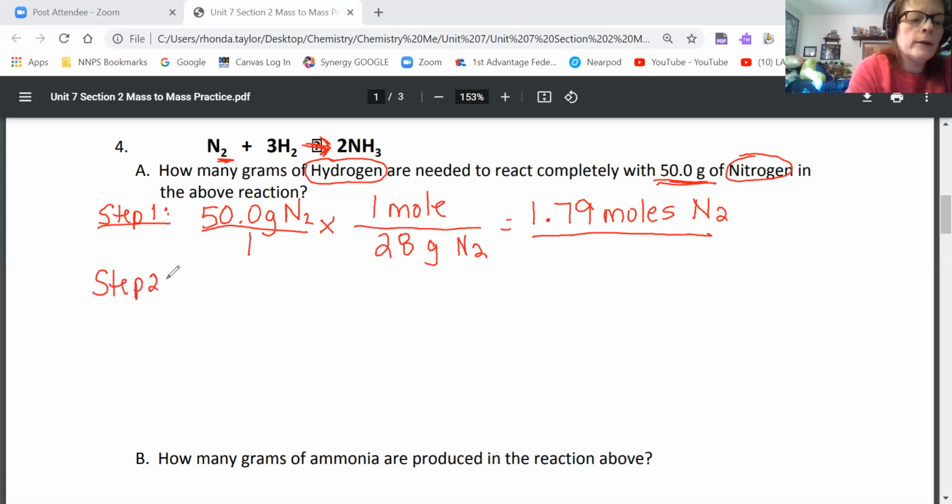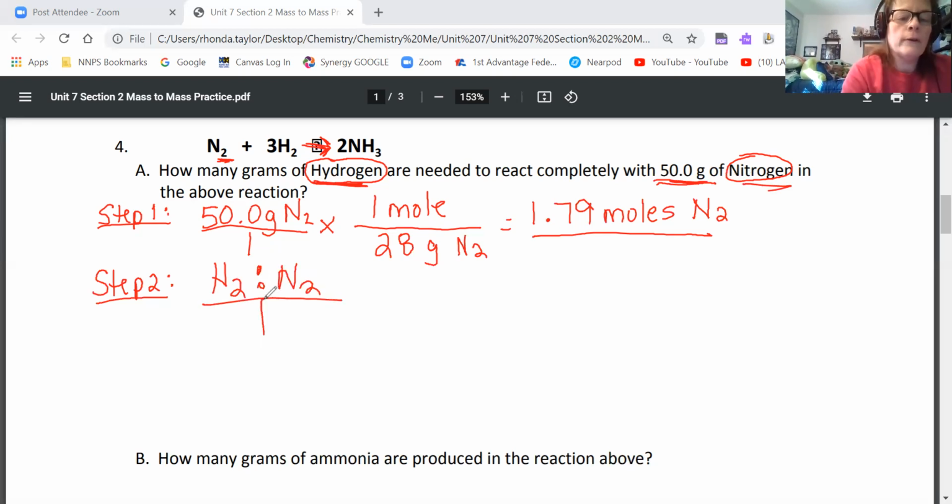Step 2 is that mole to mole ratio. So again, this is where you got to look and see what you're working with. We're working with hydrogen, and we're working with nitrogen. All right, let's look at our ratios. When we're looking in this formula up here, there are 3 hydrogens to every 1 nitrogen. But we know that we don't just have 1 nitrogen.